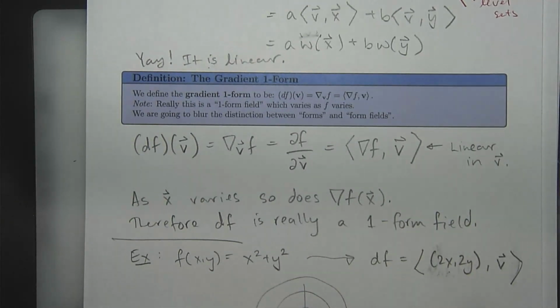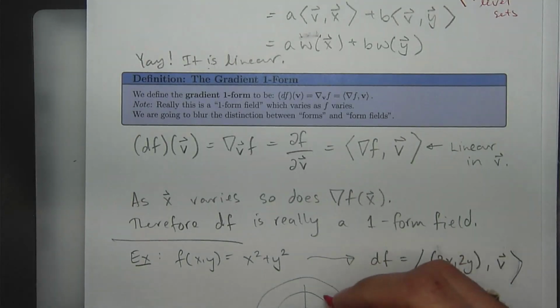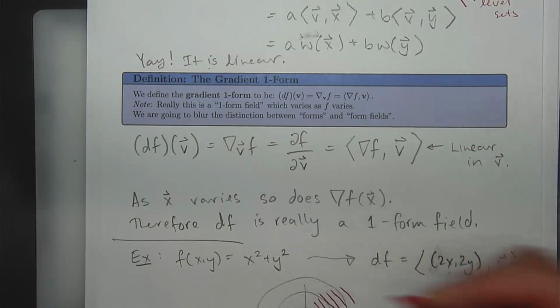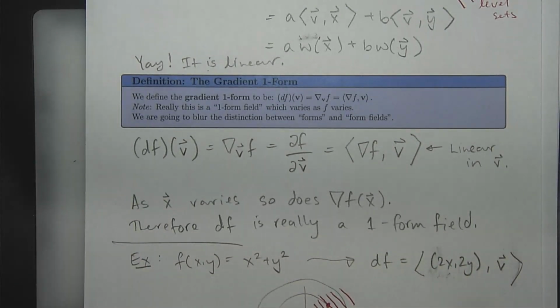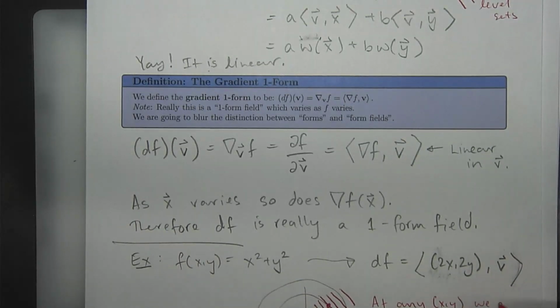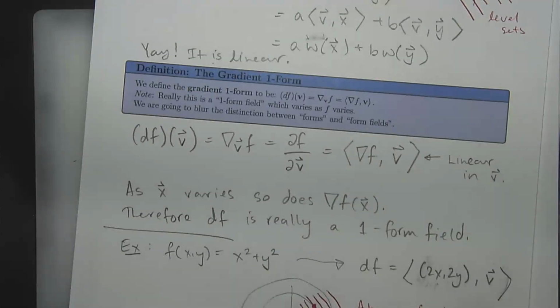But if we fixed a particular point, at that particular point we would have a one form associated to it.